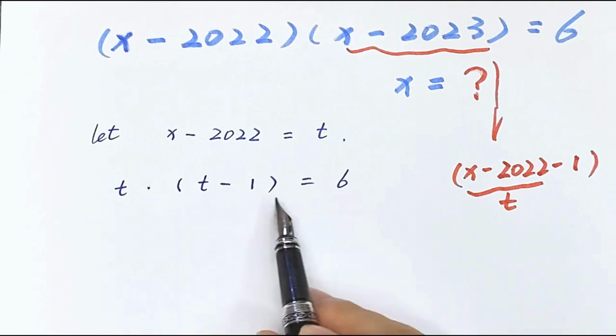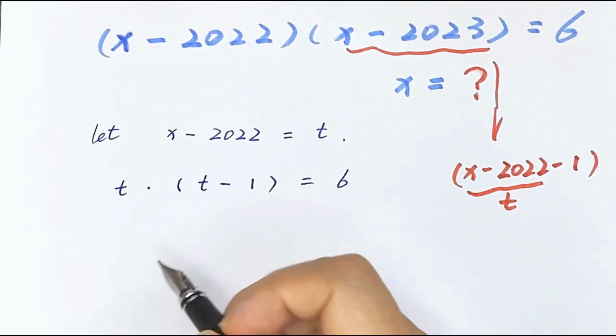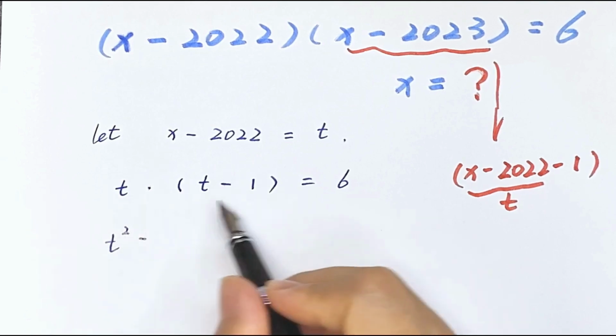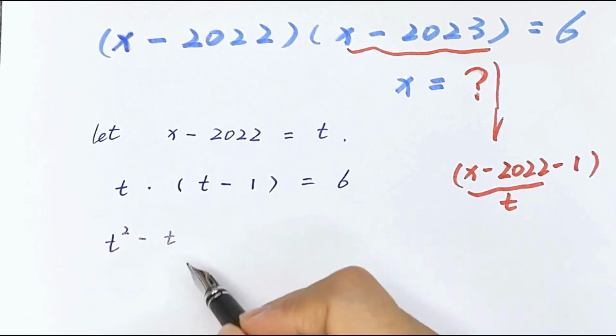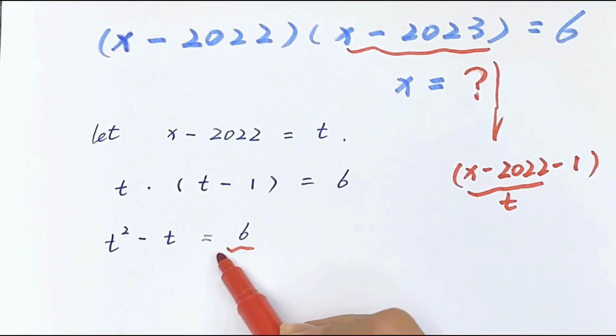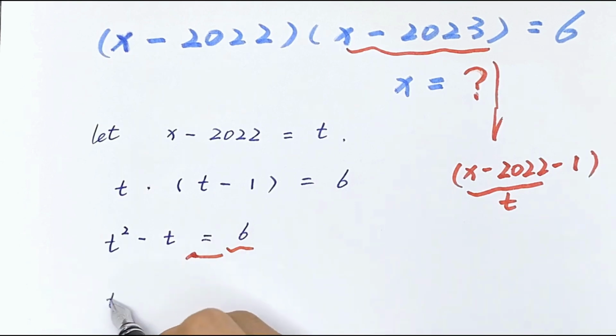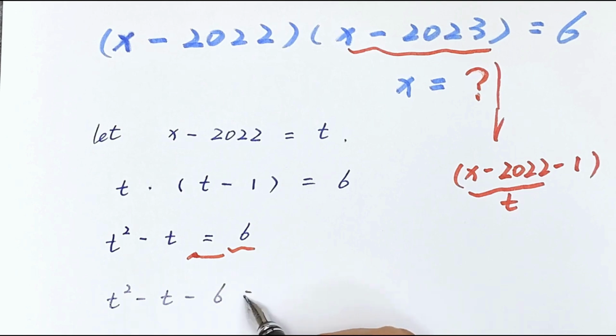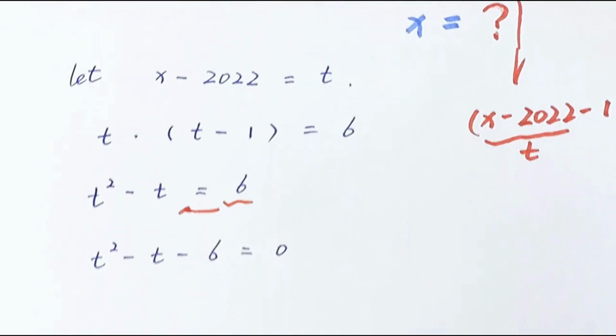Now we open the bracket. t times t is t squared, minus t times 1 is t, equals 6. Now we take this to the left side. t squared minus t minus 6 equals 0.